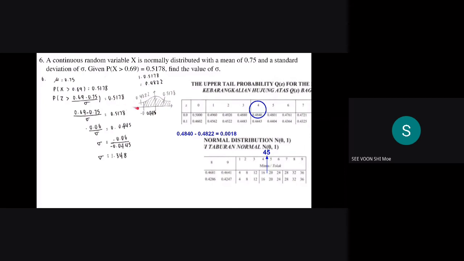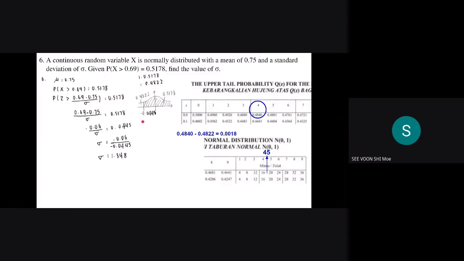Then we know that this 0.517 is greater than 0.5, so we use 1 minus 0.517 to find this value, this unshaded region. So we can get the number 0.4822.